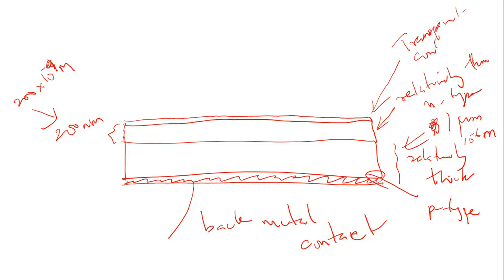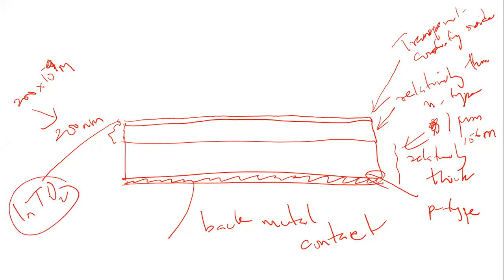The material most often used as a transparent conducting oxide is indium tin oxide, ITO. Okay, indium tin oxide. So indium tin oxide is a conducting material. It's a compound. It is conducting and transparent.